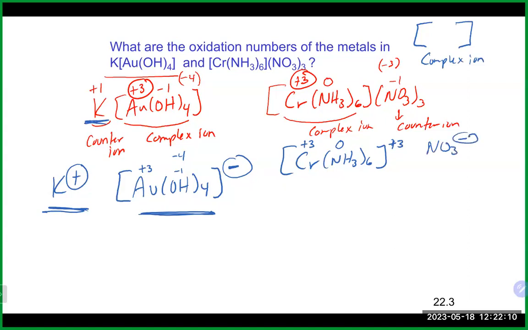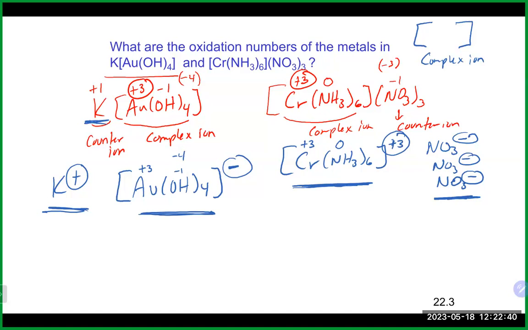But we don't need just one of them. We actually need 3 of them, right? To get to a -3 to balance out that +3 charge that's in the complex ion. In this case, our complex ion is positive and it comes first in the formula, right? Positive first, negative second in terms of its counter ion. So again, always positive and negative, just like a traditional ionic compound.